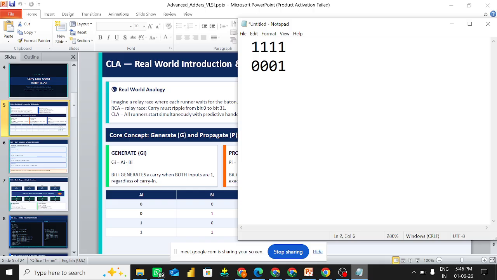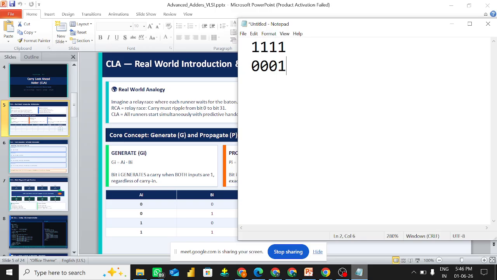So when you have both inputs, consider this as the LSB, right? On the right hand side you are seeing some letters. These are called LSB and these are called MSB, right?